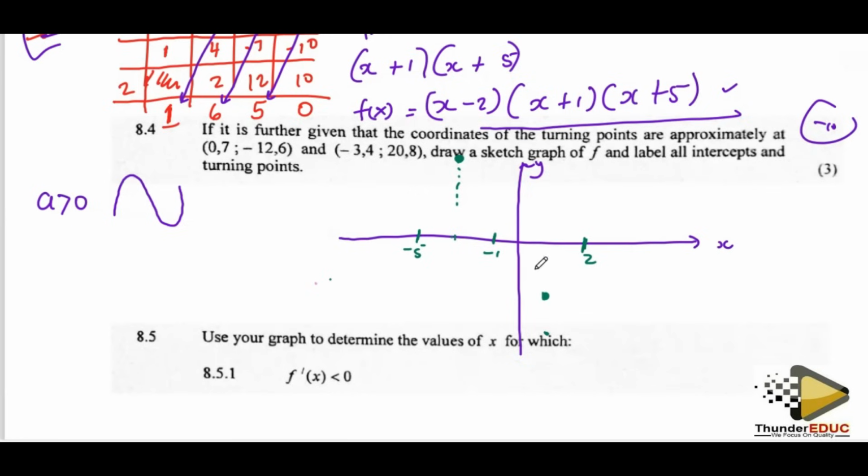I hope it comes out okay. Then my intercept is negative 10. If I put it somewhere there, then I can connect. So I know that that is my maximum, and then this is my turning point. And then I can just use dotted lines first, so that I see what kind of shape I have. If I'm happy with it, then I'll go on and draw the outline.